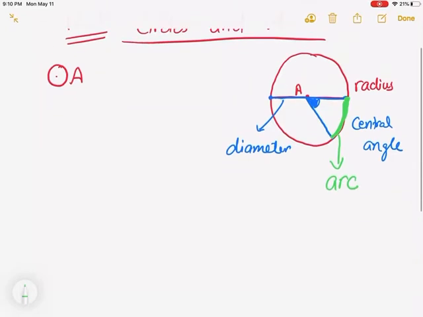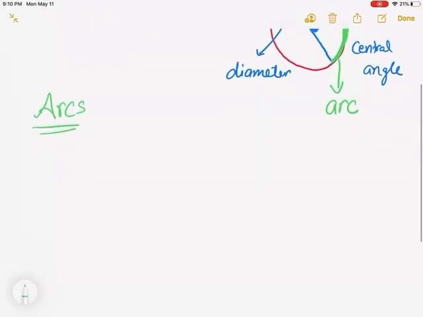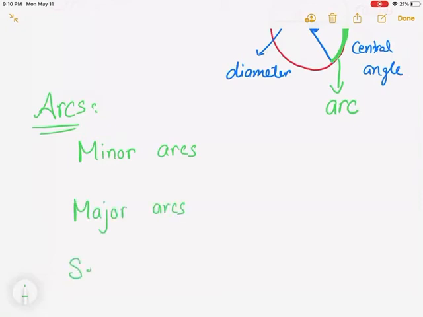Okay, we have a few other terms for arcs. So let's talk about arcs. In total we have three different types of arcs. We have minor arcs, major arcs, and the last one is semicircle.